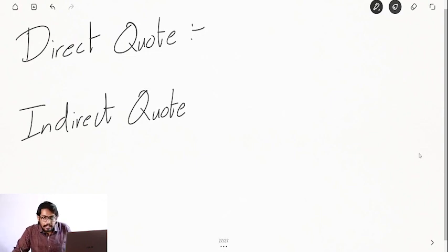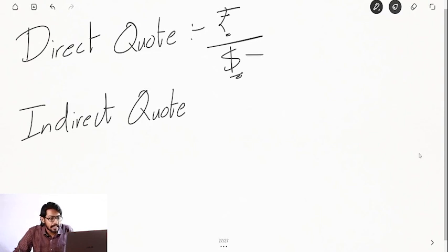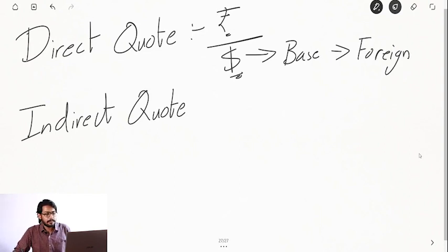So a direct quote basically says $1, the base currency, costs 70 rupees. Basically the base currency is foreign currency.